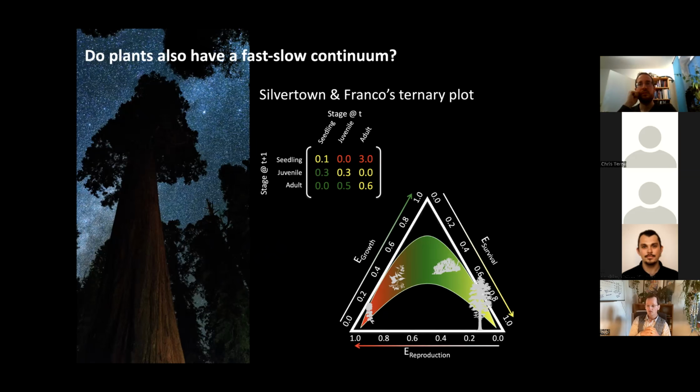And this gave inspiration to Silvertown and Franco to organize plant species according to ternary plots, which they took inspiration from studies in geology, where soils, for instance, are classified according to percent of silt, clay, and sand.